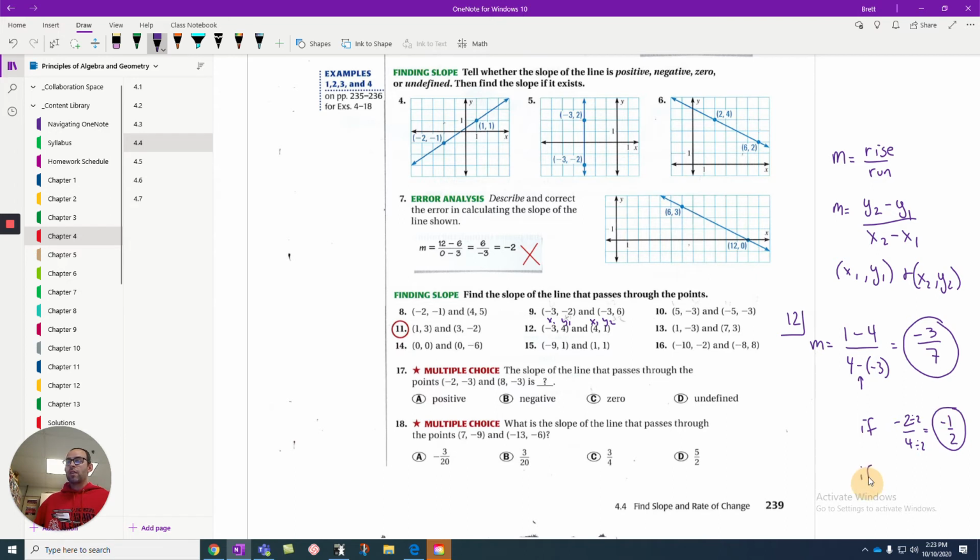The other thing that you need to worry about is if you get, say, negative 3 over negative 5. 3 and 5 don't reduce, but with a negative over a negative, we could divide both numbers by negative 1. Those negatives will cancel. And even though it started out looking negative, because both of them were negative, it comes out being a positive slope. So those are a couple of simplification things that you might want to look out for.